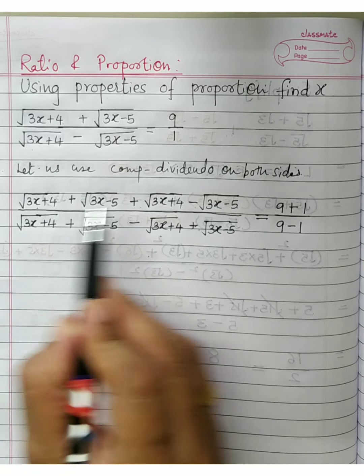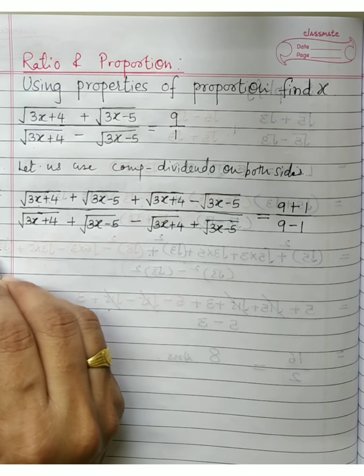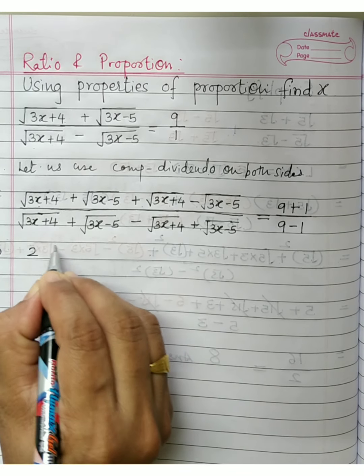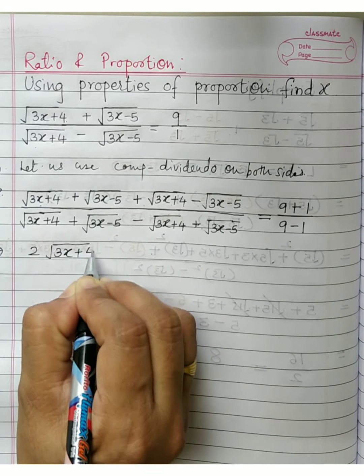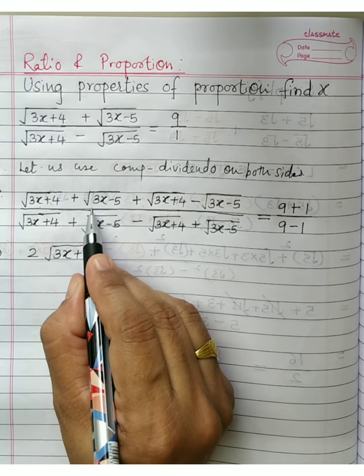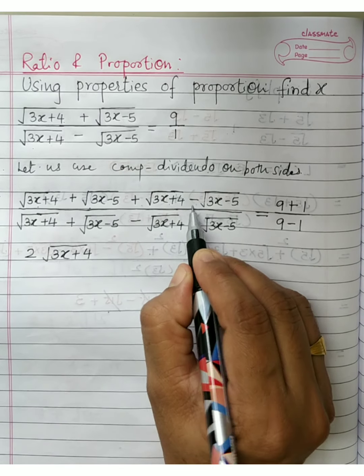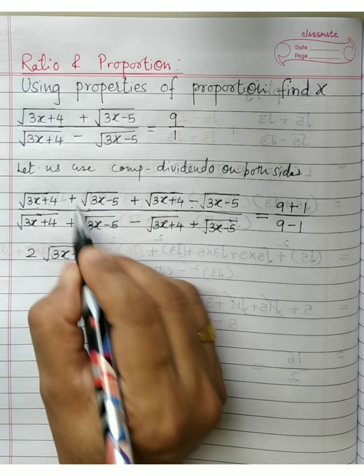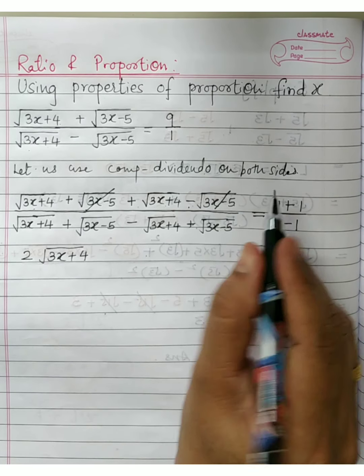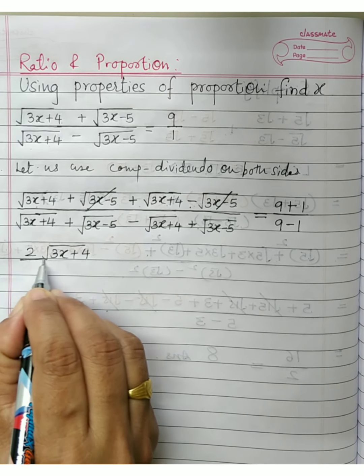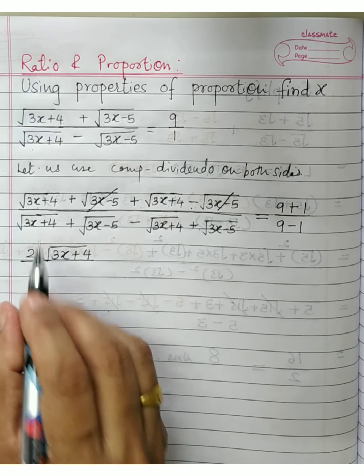Root 3x plus 4 plus root 3x plus 4. What will it become? 2 under root 3x plus 4. Root 3x minus 5 minus root 3x minus 5. So the whole expression, positive and negative, gets cancelled. So you could see that our left hand side is getting simplified.